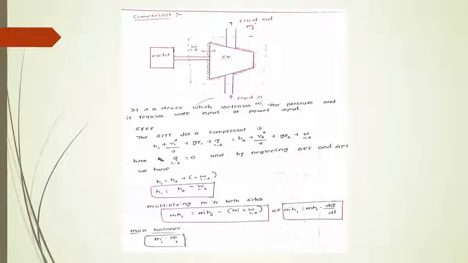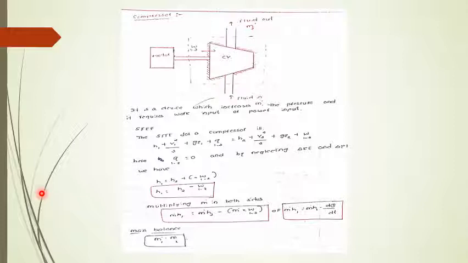Now let us consider another device to which we will apply the steady flow energy equation. So let us consider a compressor. We know that a compressor is a device which increases the pressure, and it requires work input and power input to do so.